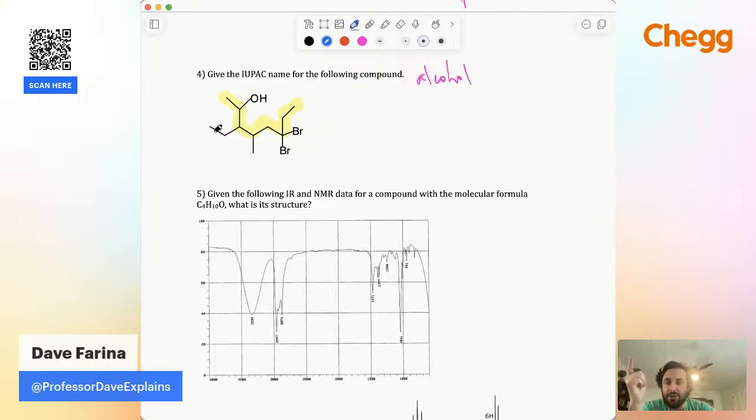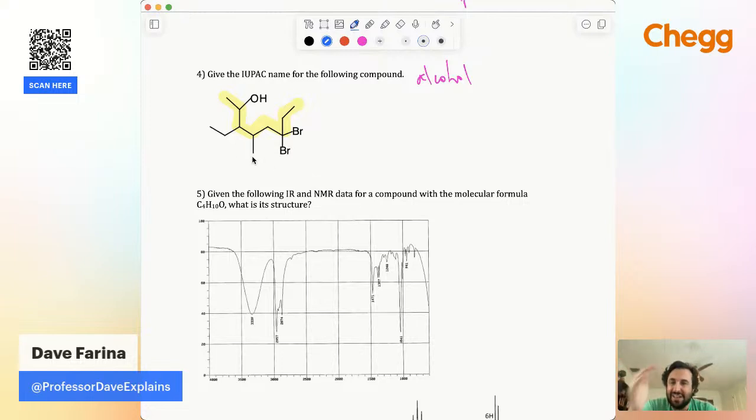So we would not do these. It would not be these ones. It's got to contain this carbon. So that's the longest chain. And now we are going to number so as to give the hydroxyl the lowest number. Even if this bromine was on the terminal carbon over there, we still would number from the left, because the hydroxyl beats it. If we were comparing alkyl and halogen, then it's just whichever is soonest.